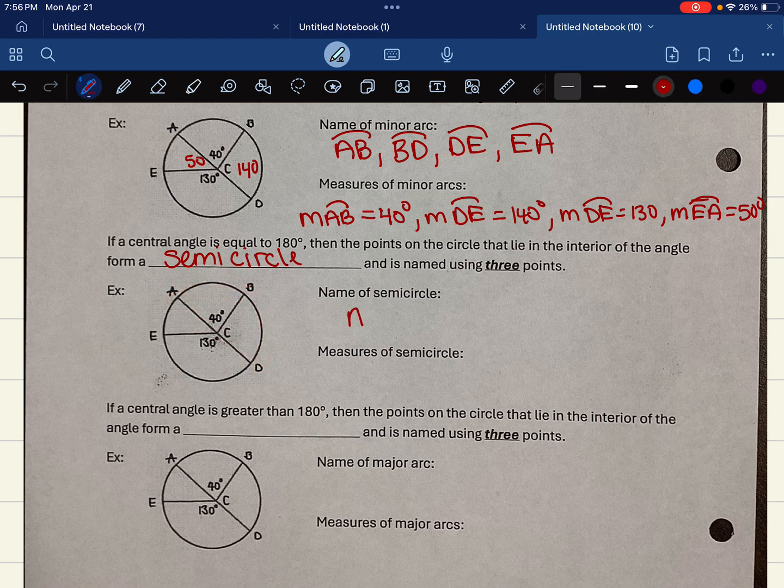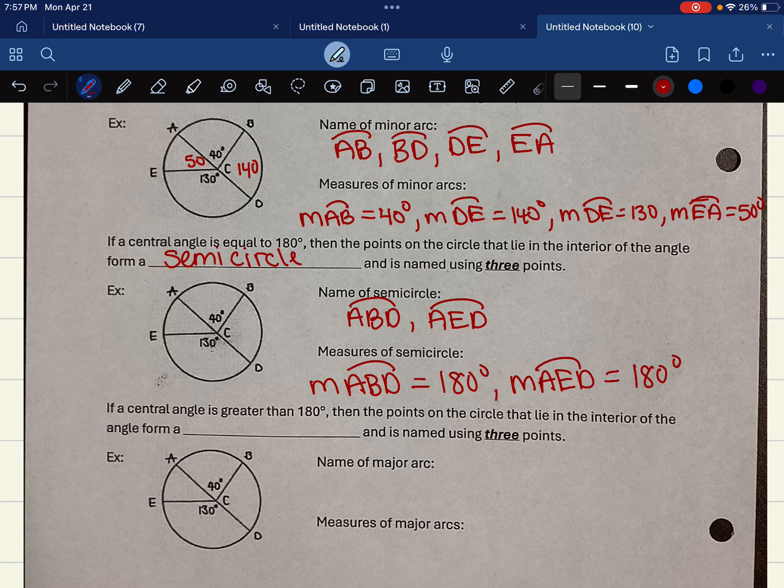The other, D, E, A, or you could even call it A, E, D. Does not matter. Now, measure of these 2 semicircles should be easy because a semicircle is always equal to 180 degrees. So both the measure of ABD and the measure of semicircle AED are equal to 180.